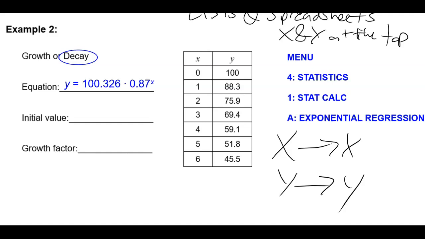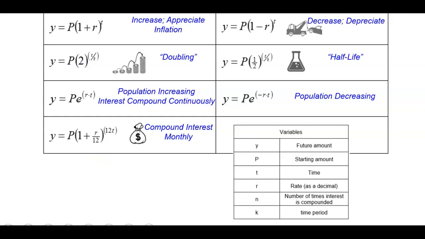Now, which one of those numbers is the initial value? Which one? The one to the right. Right? Tell me the numbers. 100.326 is my A value. That's my initial value. That's good. What about my growth factor? Okay, 0.87 is the factor.